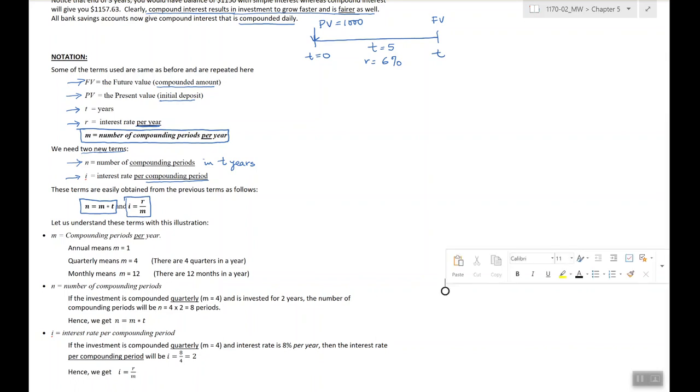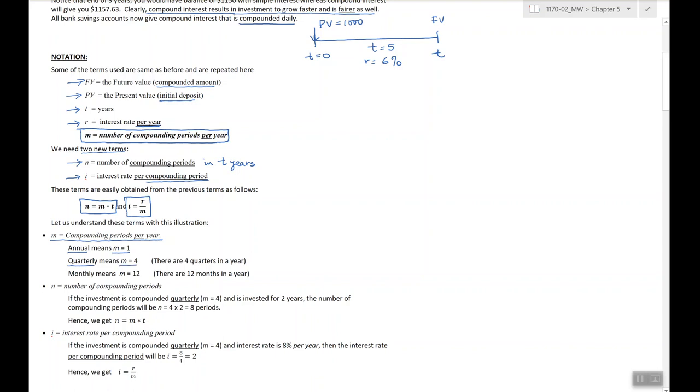So first thing is to get M. So what does M really mean? So M is the compounding periods per year. So suppose somebody says the compounding is annual. That means M is 1 because that means one compounding in the year. If it's quarterly compounding, that means every quarter your bank balance gets compounded, then M is 4.